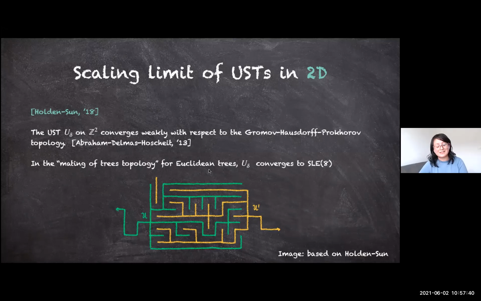And since they understand very well what is the scaling limit of the contour function, it's done. And in the context of mating of trees, you can say that the uniform spanning tree converges to SLE8, because SLE8 is the continuous curve that corresponds to the contour function of the scaling limit.